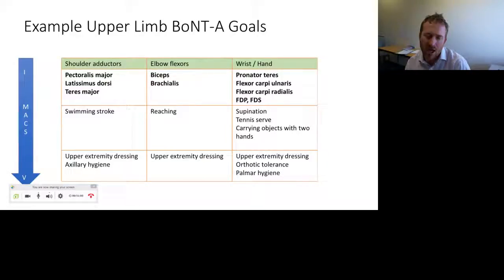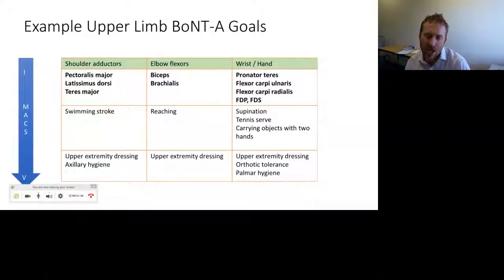So we might inject shoulder adductors to help with swimming stroke in a child who is more functional, but for a child for whom their max is 5, that might be more caregiver goals to help with upper extremity dressing or axillary hygiene. We might look at spasticity or dystonia in the elbow flexors to help a child with more independent function to help them reach.